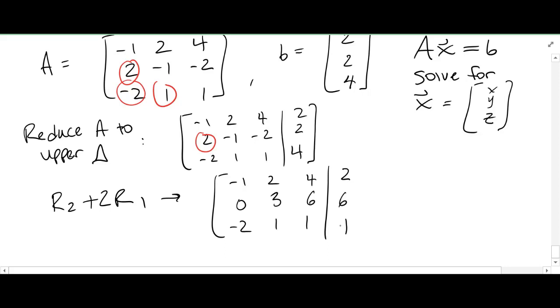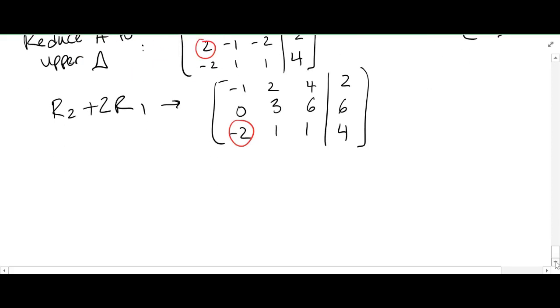So we're there. Now we need that to be a 0. So let's do row 3 minus 2 row 1.